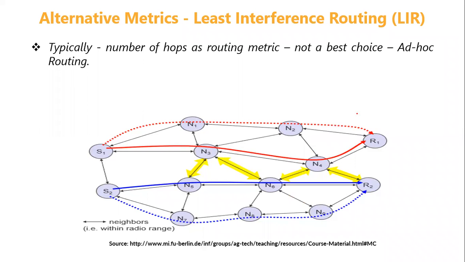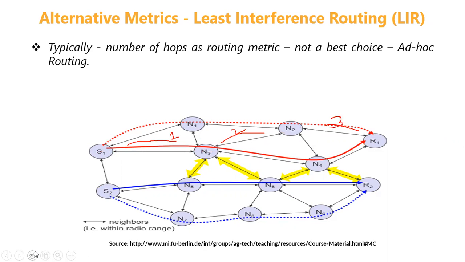Hop is this. For example, S1 to N3 is one hop, N3 to N2 is another hop, N2 to R1 is another hop. So if you are trying to find a path from S1 to R1, then this path, S1 to N3, N3 to N2, N2 to R1, has three hops. This is hop 1, this is hop 2, and this is hop 3.